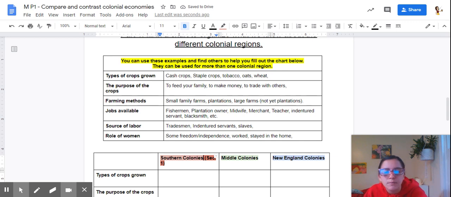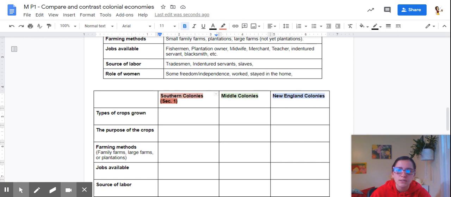And I think about it and I'm like, oh my God, what crops did they use? And then I remember, oh yeah, they had those cash crops, right? They used to grow so much so that they could actually sell it for money, right? So when I decide on that, I would go right here where southern colonies and types of crops grown meet and type in cash crops.